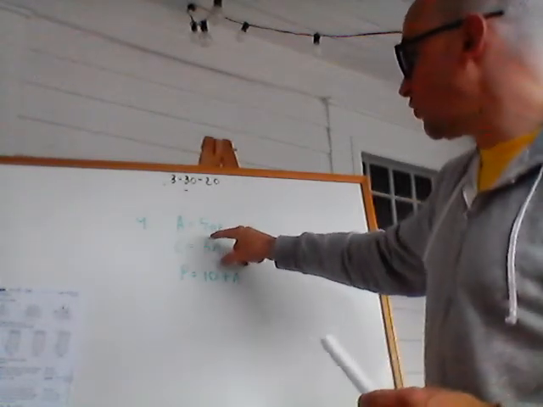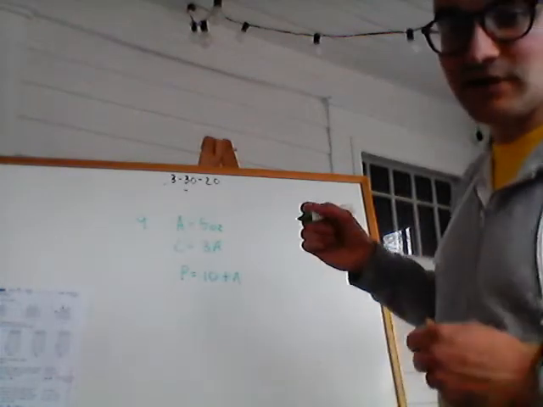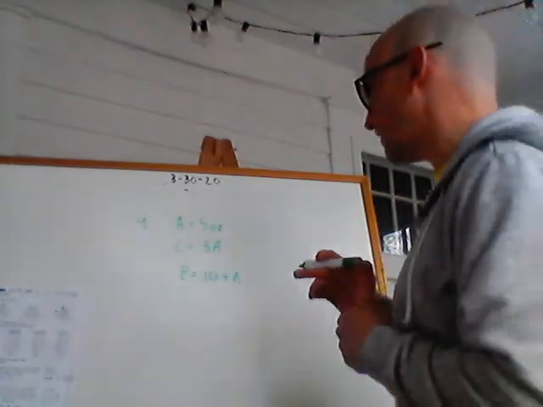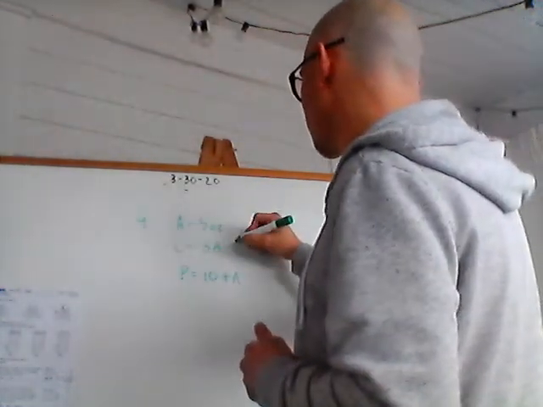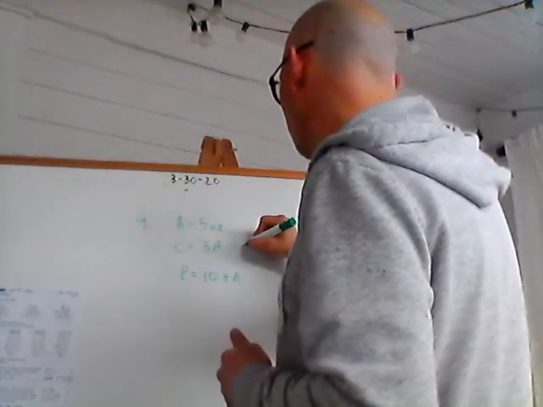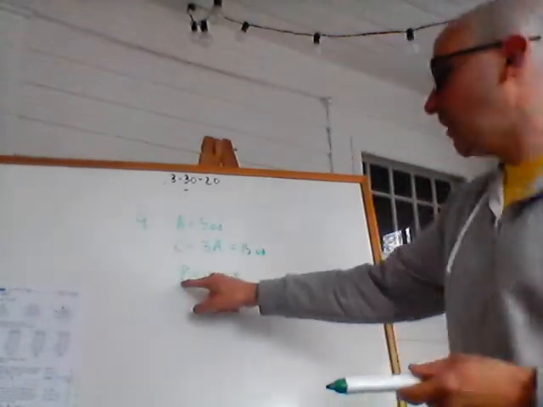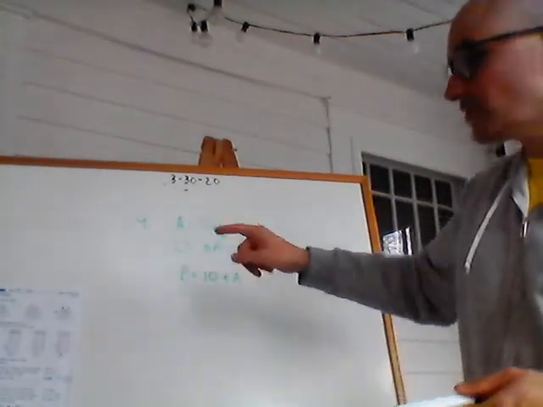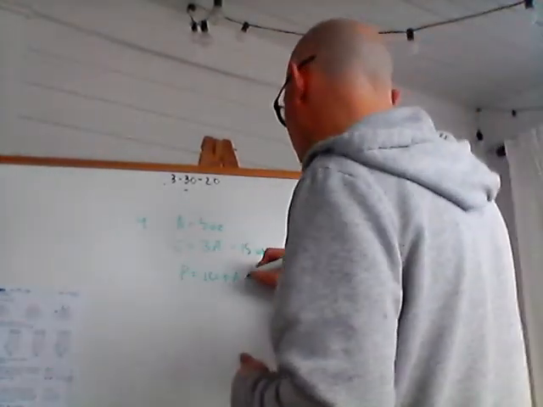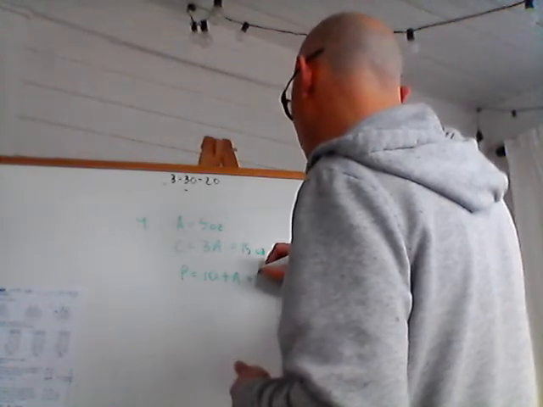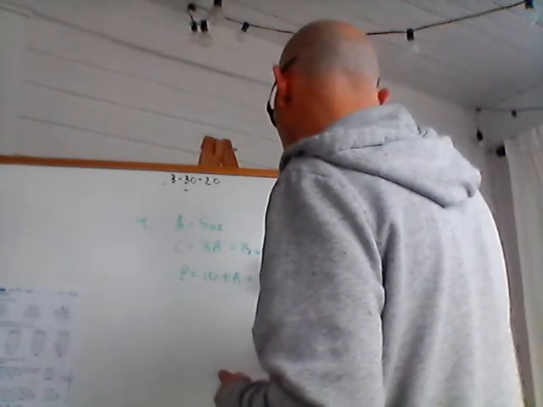So 5 ounces for almonds. It says cashews is triple the amount, so that tells us to multiply by 3. So 3 times 5 would equal 15 ounces. And then peanuts are 10 ounces more than almonds, so 10 plus A is how we write that, and then of course that's 10 plus 5, or 15 ounces.